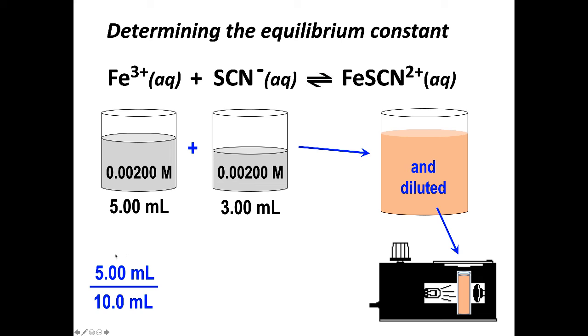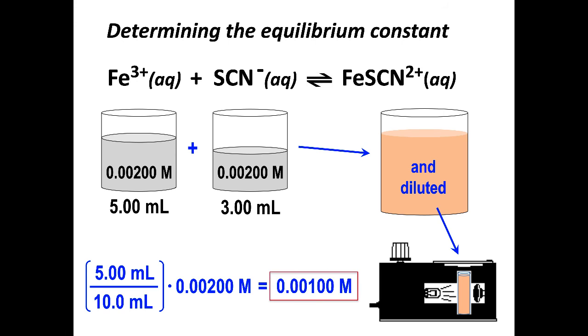Well, we have a dilution now by a factor of 5/10. And that is of our original 0.002 molar solution of Fe3+. That gives us a 0.00100 molar solution of Fe3+. And this will be what our initial concentration of this is.